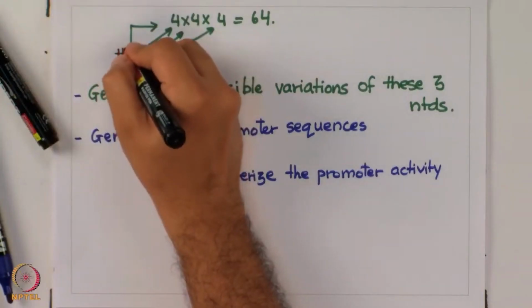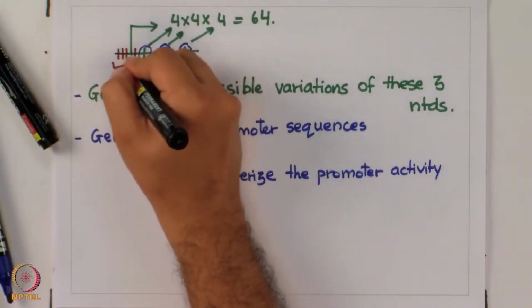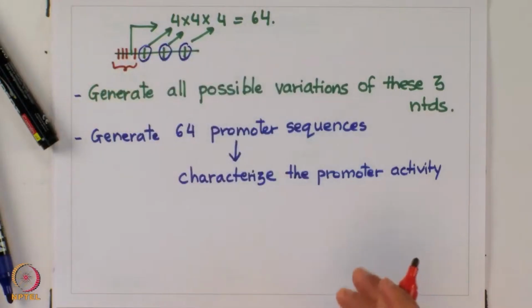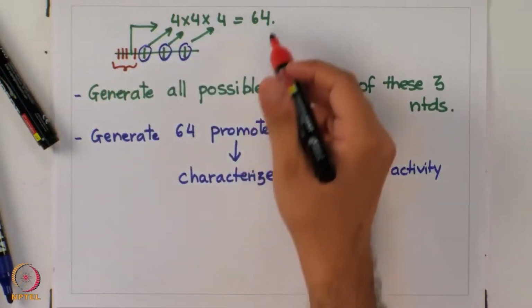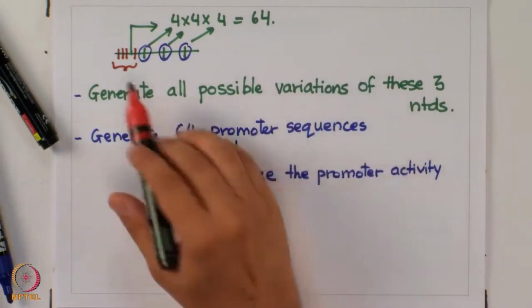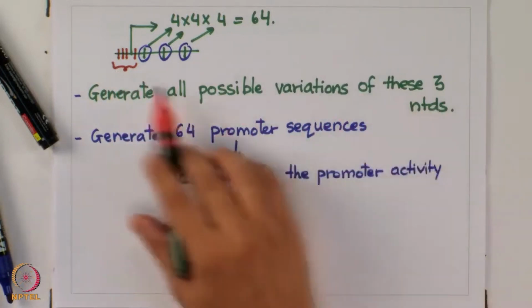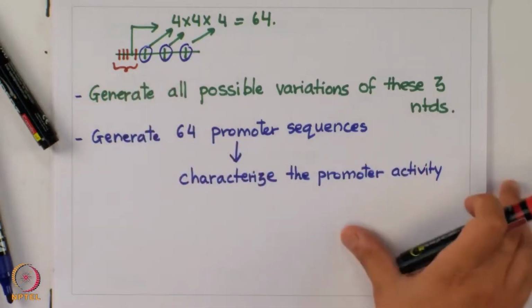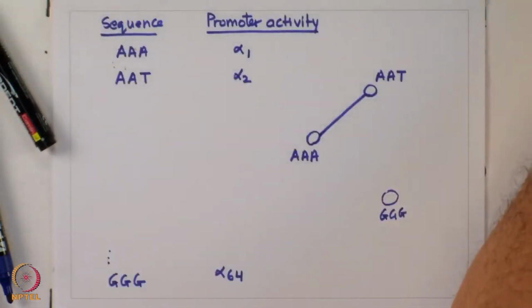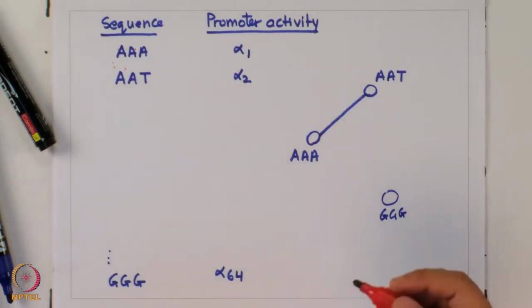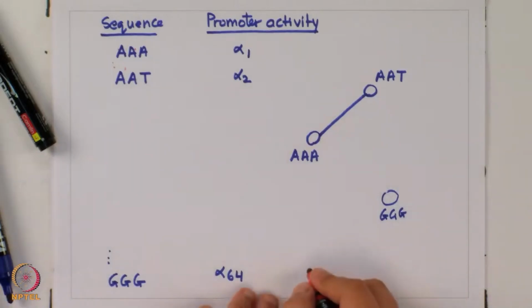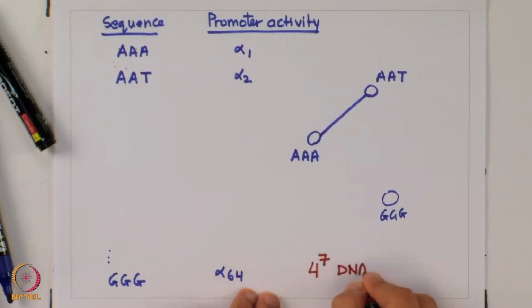So, let us say there are these 4 nucleotides here that I want to study. Now, suddenly from a manageable 64, I am looking at creating all possible variations from not just these 3 nucleotides, but 7 nucleotides, and that immediately changes the scale of the problem. And now experimentally I am going to have to generate 4 to the power 7 DNA sequences.